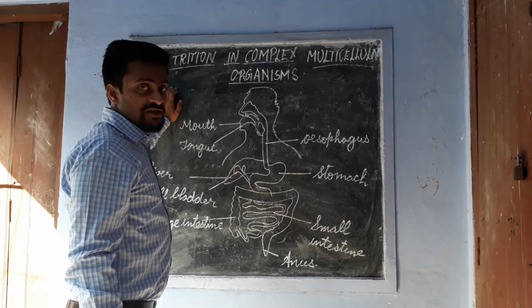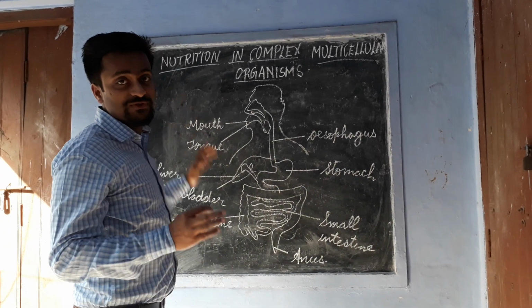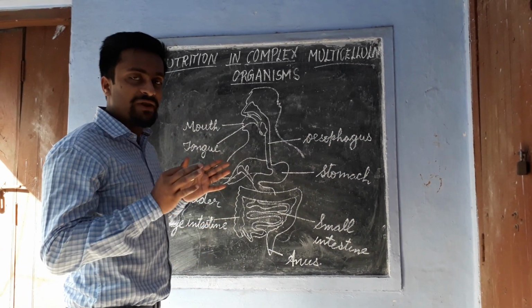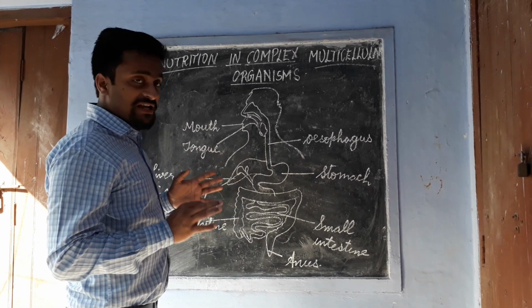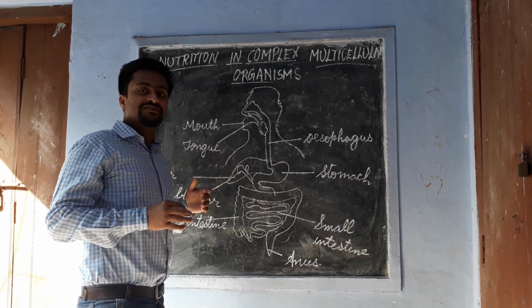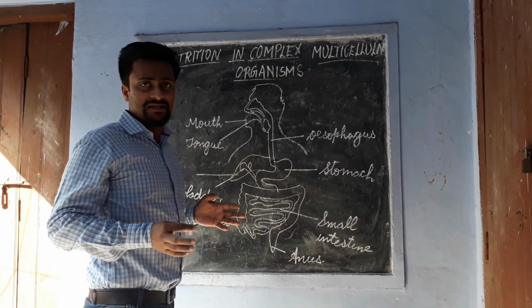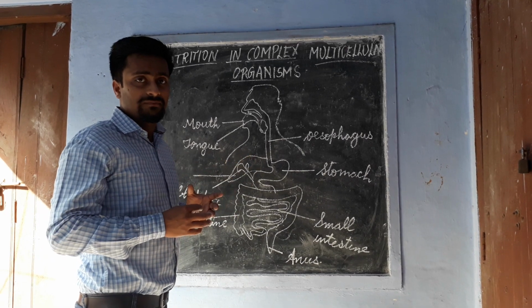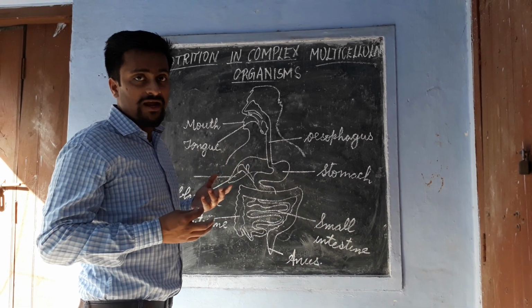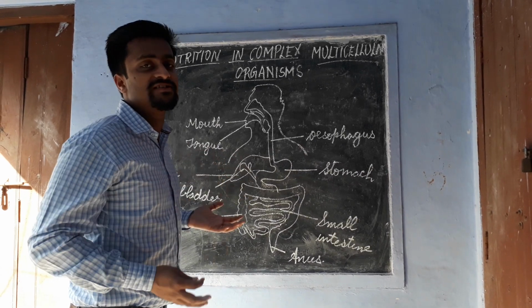Good morning students. So today we'll be dealing with how the process of nutrition takes place in complex multicellular organisms. Complex multicellular organisms consist of millions and billions of cells, and they form a system which helps in digestion, and this system is called the digestive system.